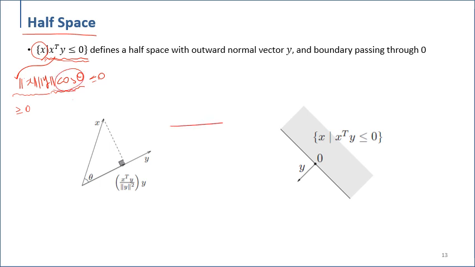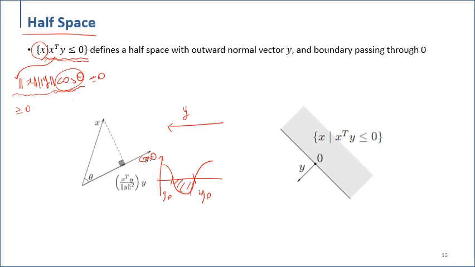So when we think about the y vector, and let's think about the cosine theta, then we know that the cosine theta is negative when theta is larger than 90 degrees and less than 270 degrees.